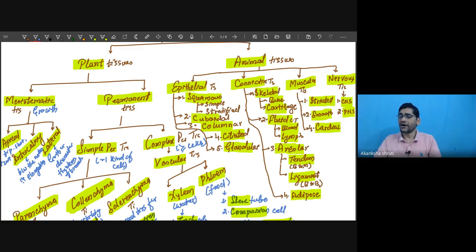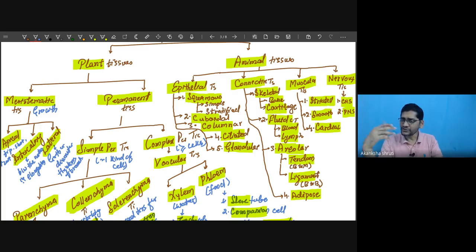These enzymes and hormones are used by the body for various metabolic processes, maybe in digestion, maybe for growth. So these particular chemicals are stored in certain places in our body, and that place consists of a certain kind of tissue called glandular tissues.